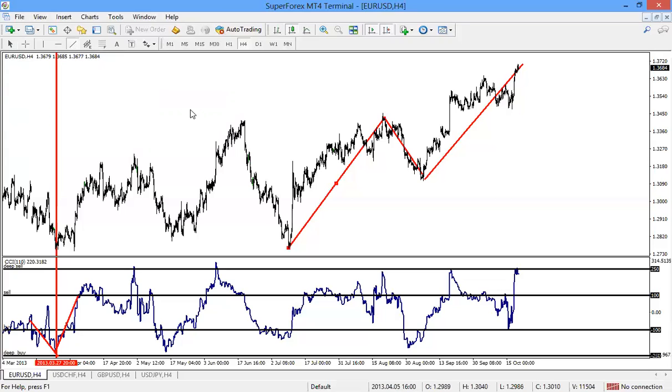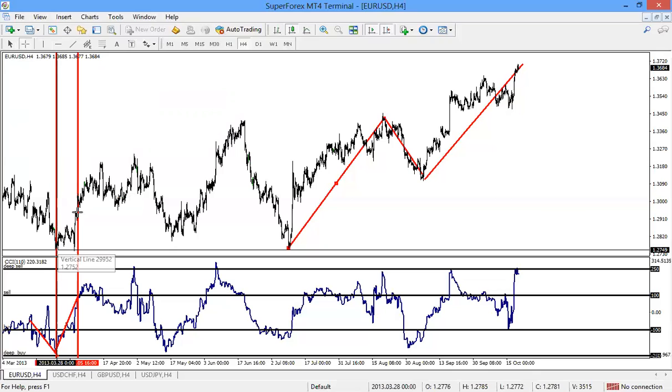Once it touches the sell zone, you exit. And that could have been here. So you could have bought for around 43 pips, and you exit from there.